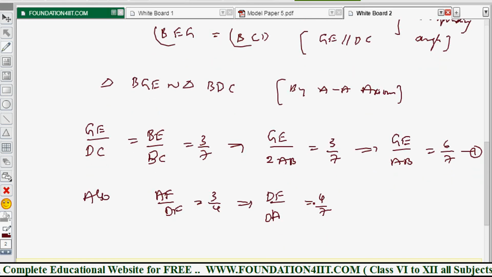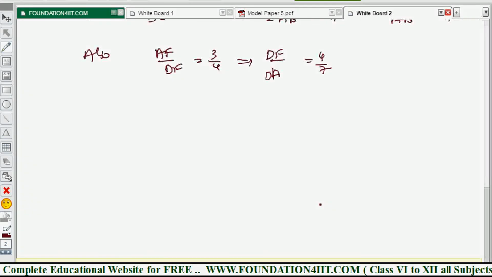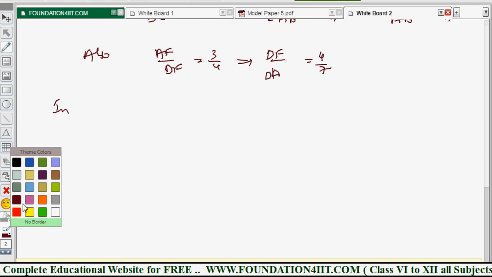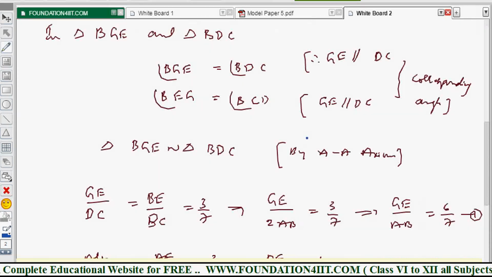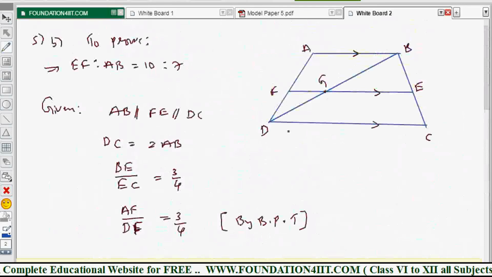Just from the diagram you can write all this. Now we will prove the other two triangles are similar: triangle DFG and triangle DAB. DFG is the small triangle and DAB is the total triangle.